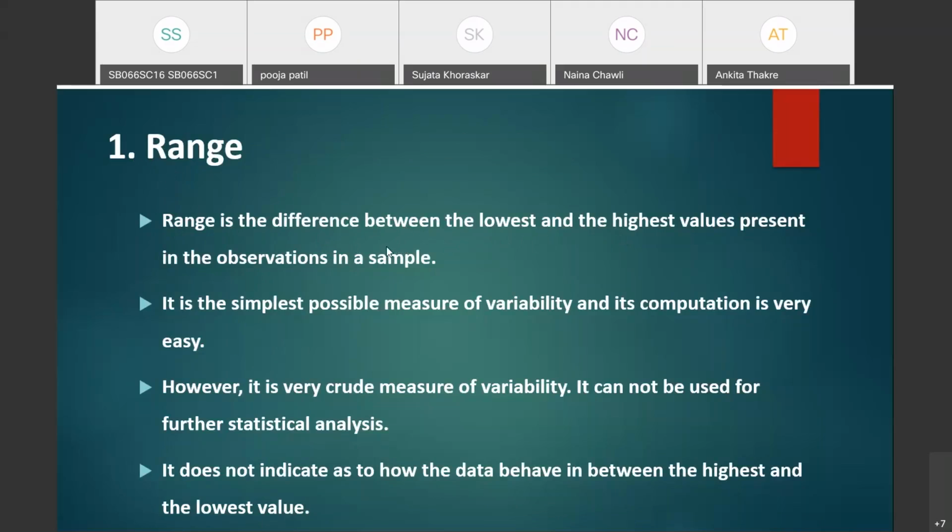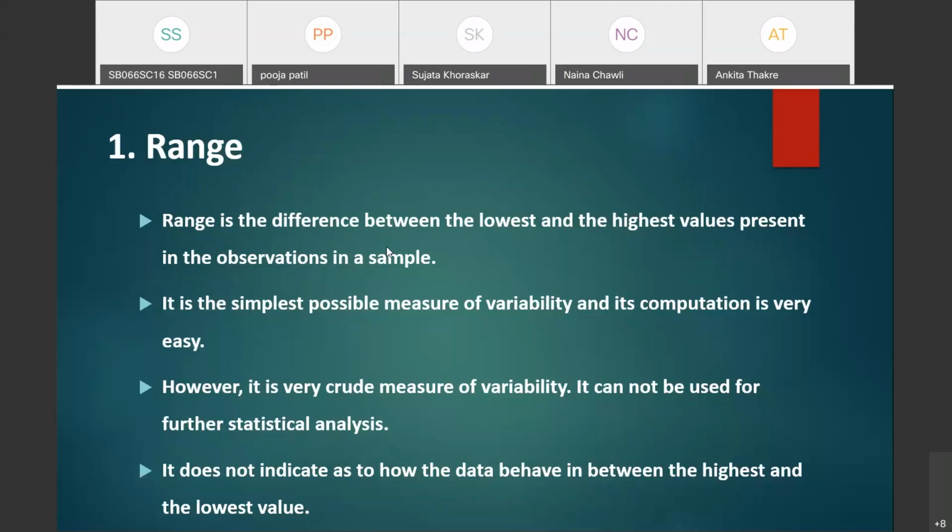For example, suppose the data is provided regarding the oil content of 20 cotton seeds. Suppose the lowest value is 15% and the highest value is 25%, then the range will be 15% to 25%.